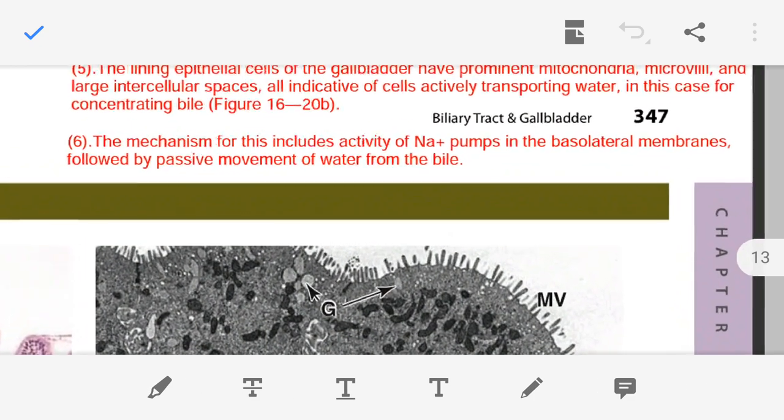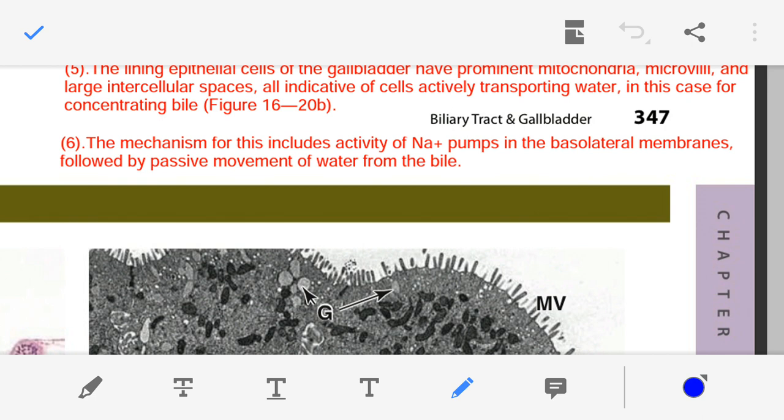So here, now the mechanism for the concentration of bile involves activity of the Na plus pump, where this Na plus pump are present. So in the basolateral membranes of the epithelial cell, columnar epithelial cell. Then active transport of Na plus, and then this active transport of Na plus will be followed by passive movement of water.